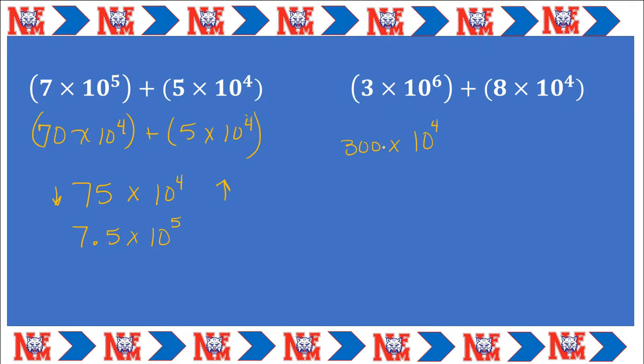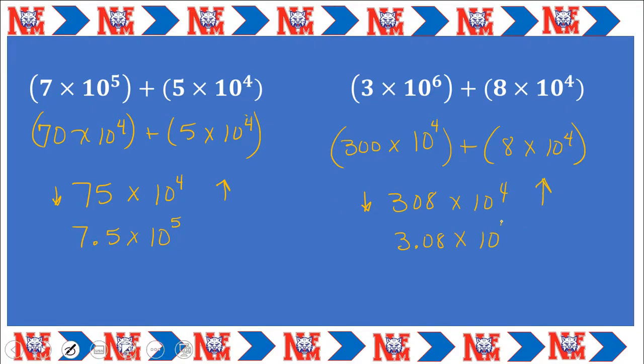I'm just making equivalent expressions. So I'm going to have 308 times 10 to the 4th. Making my adjustments, I'm going to go down by moving the decimal twice, so I have to increase my exponent twice to a 10 to the 6th.